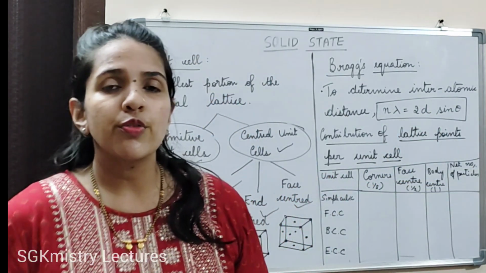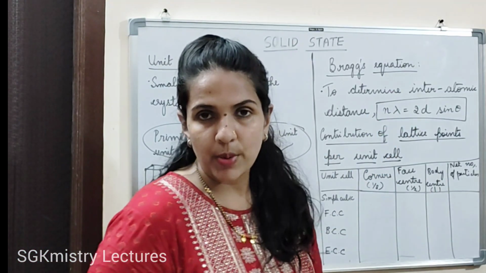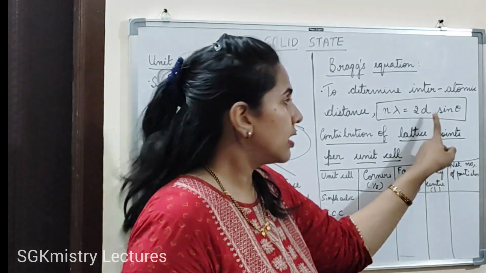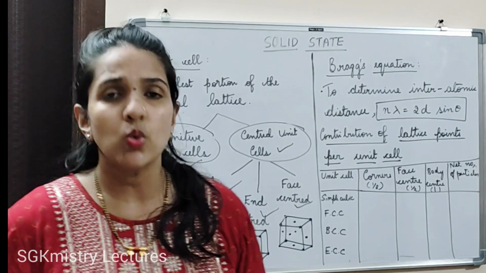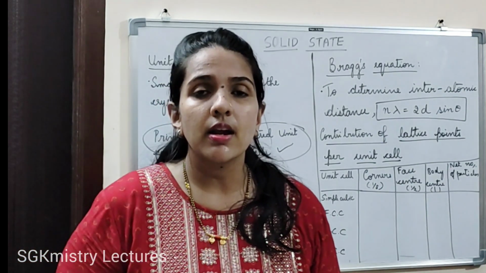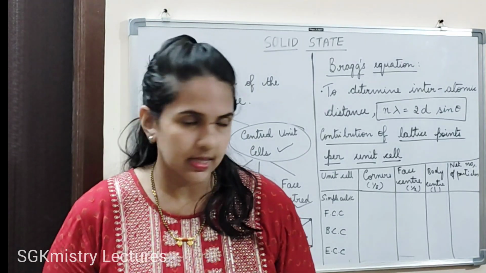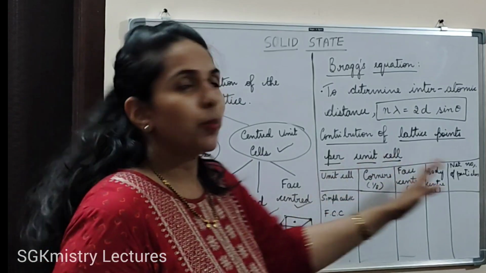If the order of reflection is n in general, the Bragg's equation becomes lambda is equal to 2 by n d sine theta. This is the general equation which can be used to determine the interplanar distance in crystals by making use of X-ray diffraction studies.